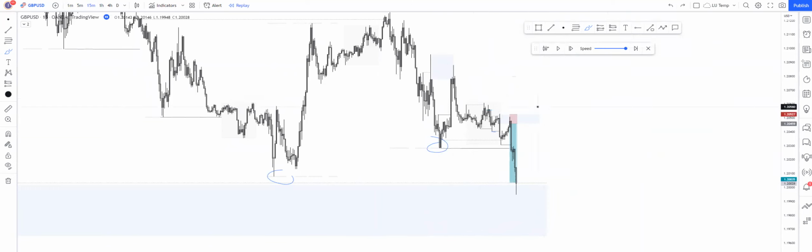Asia is a huge liquidity pool. There's liquidity above and below. So the liquidity up here, resting above. So we could anticipate price to reach at least this, coming to the untested strong high, untested POI, into this area here.